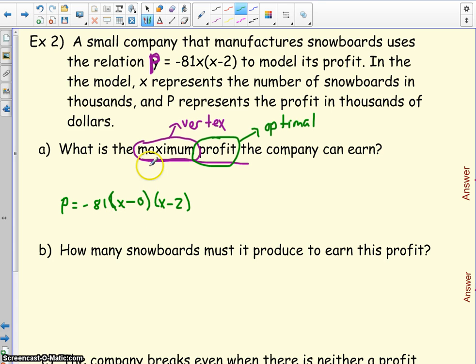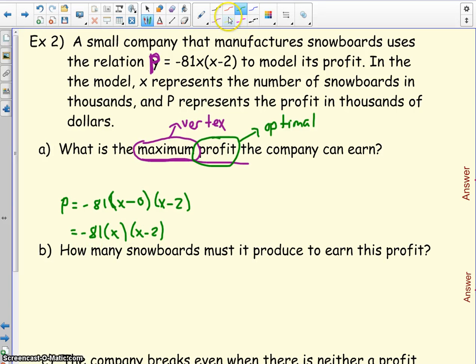Now I see the two brackets. However, x minus 0, subtracting 0 doesn't change anything. So this simplifies to just negative 81 times x times (x minus 2), and that first set of brackets around the x is redundant, so it simplifies to negative 81x(x minus 2) without the brackets around the x. So this actually is factored form, even if it doesn't look like it.